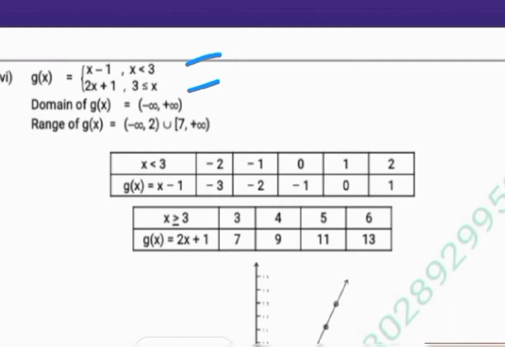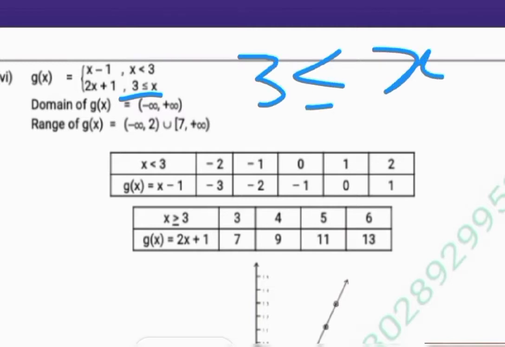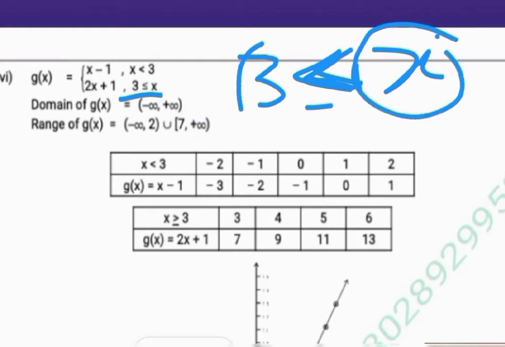We will always read from the side of x. If this is open, we will read greater. X is greater than or equal to 3.